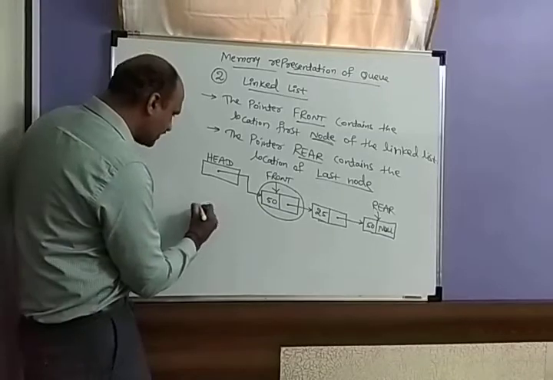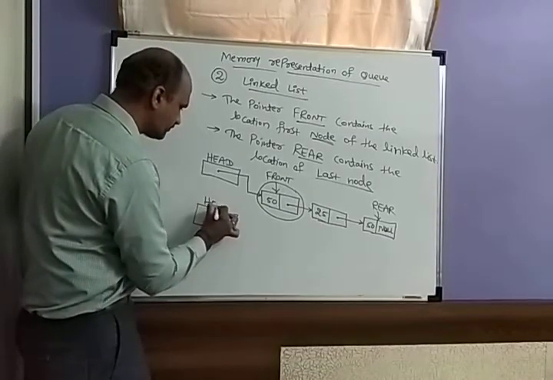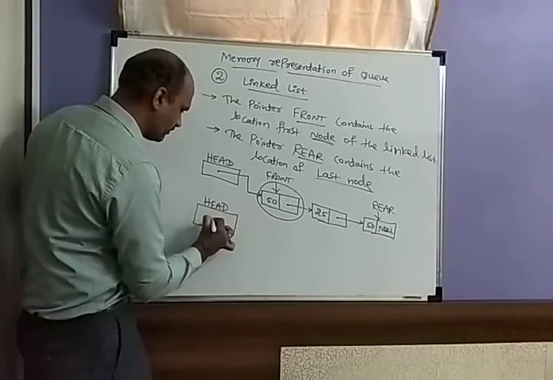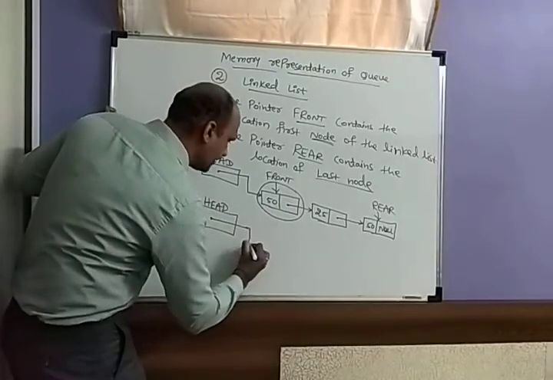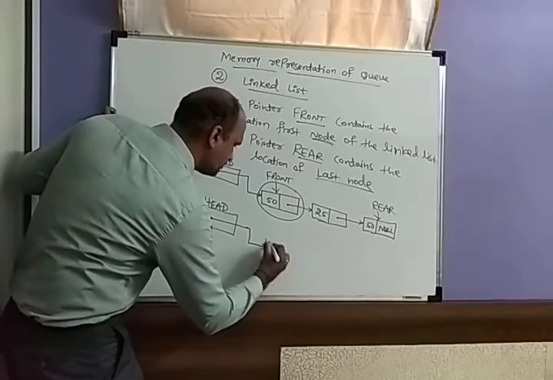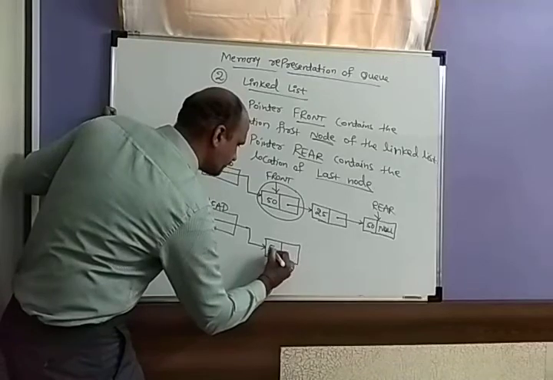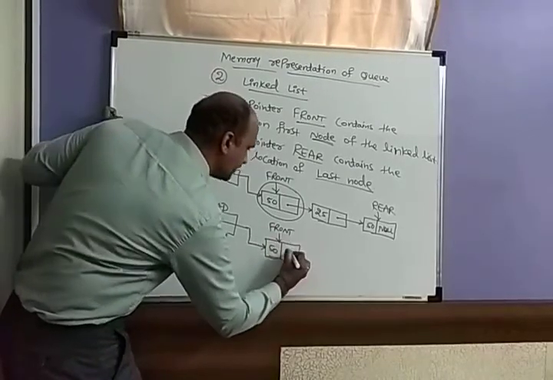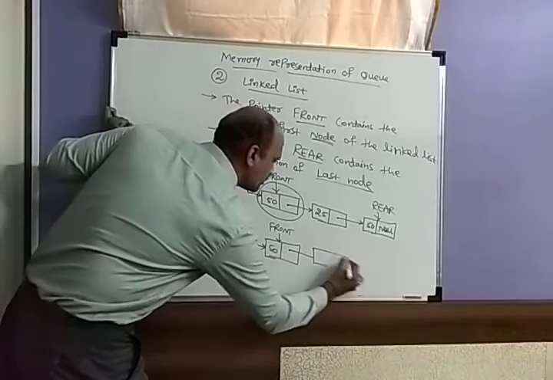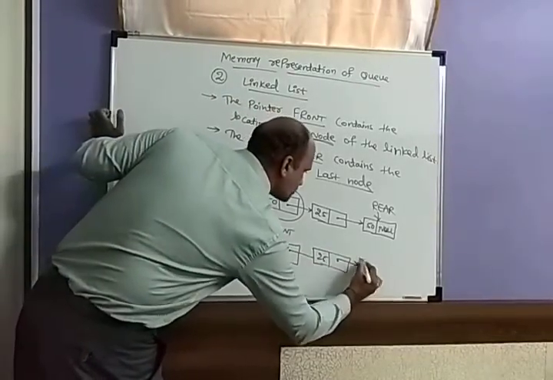Okay. So if I want to insert an element, so this is the earlier position. Now if I create another node, an extra node, means I will insert the node 50. The front will be here only. Next, we'll insert another node. These are the already present nodes.